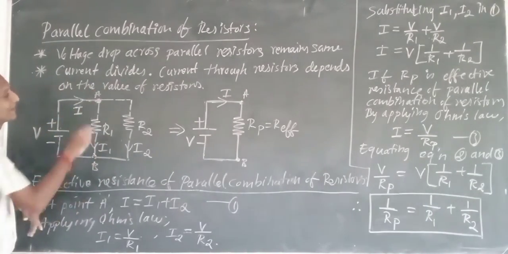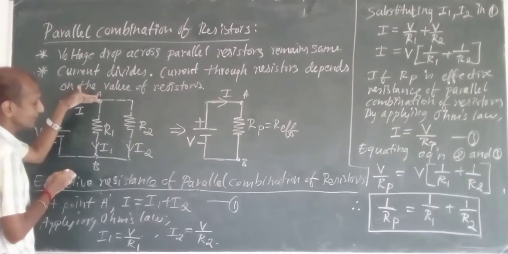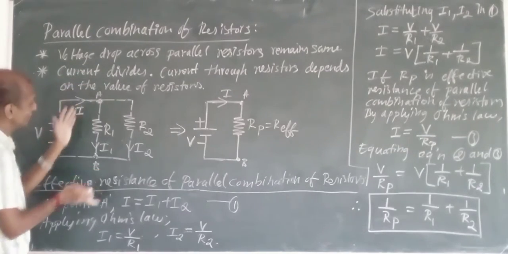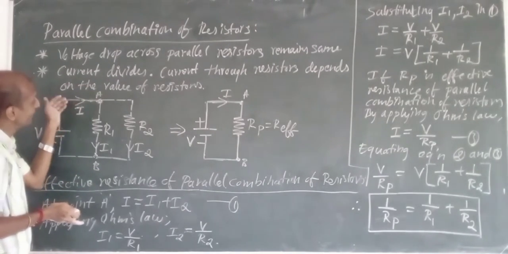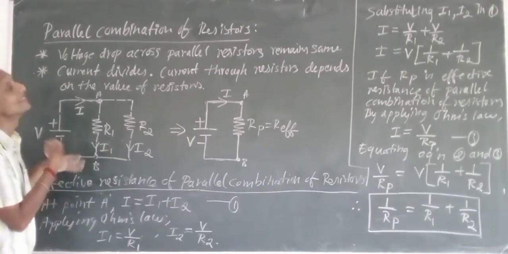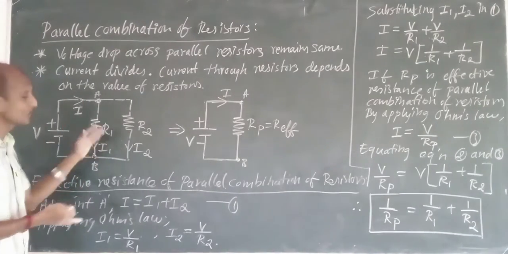The current is going to divide here. When it comes to this point, I have the main road, and the main road is going to divide. So if I take current I, when it comes to this point, the current divides into some amount.